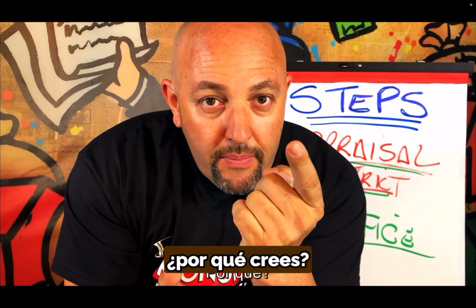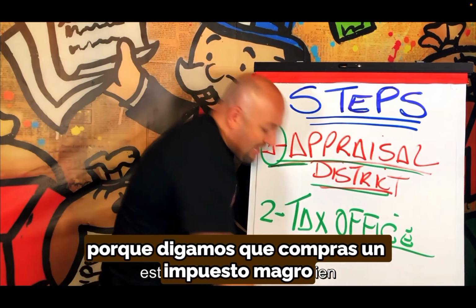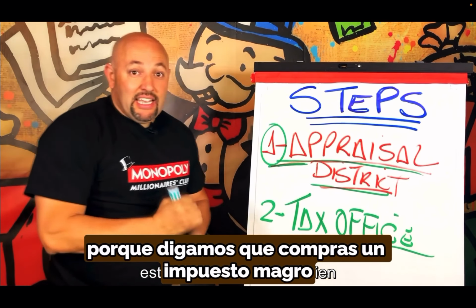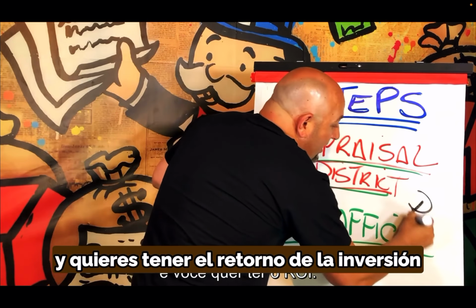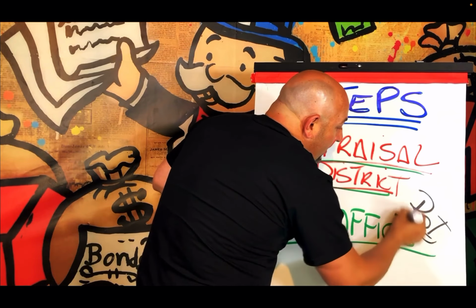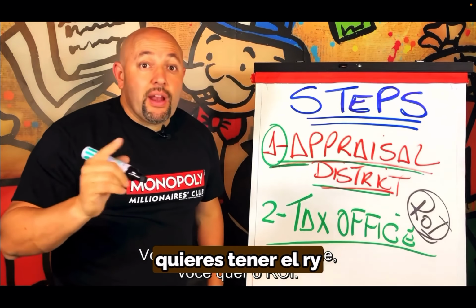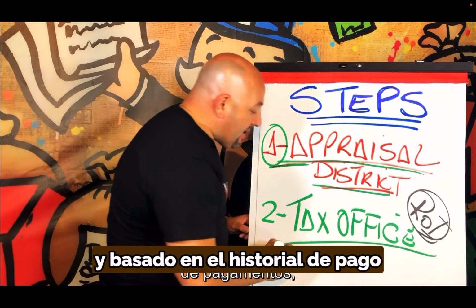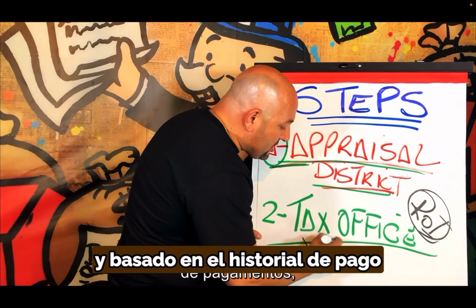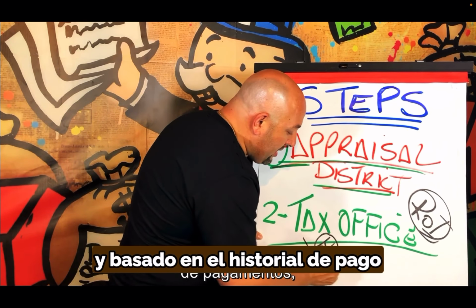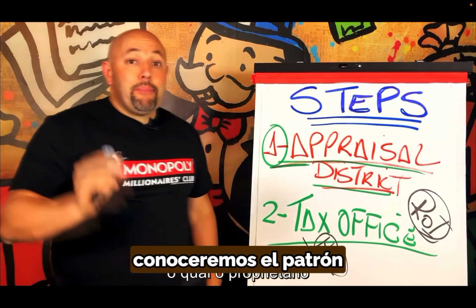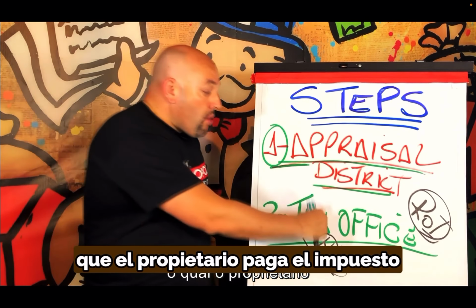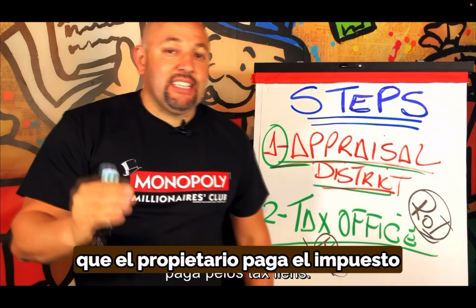Because let's say you're buying a tax lien and you want to have the ROI. You don't want to have the property, you want to have the ROI. And based on payment history, we will know the pattern in which the homeowner pays the tax lien.